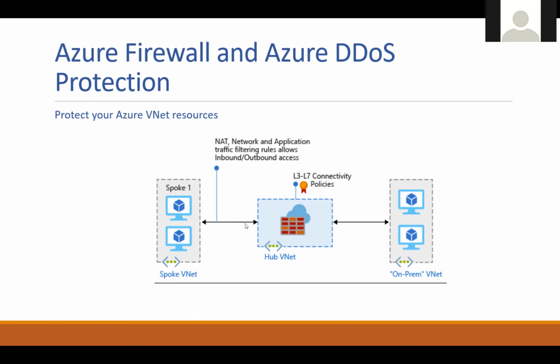So basically, this is just a graphic to explain how, through these different virtual network features, you can do the microsegmentation and apply layer 3 through layer 7 connectivity policies through all of the different virtual networks that you have, again, to help contain the blast radius.